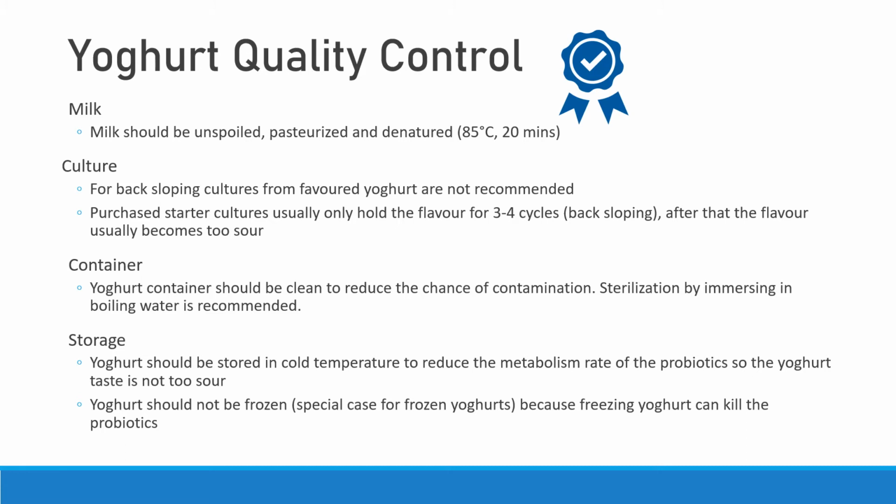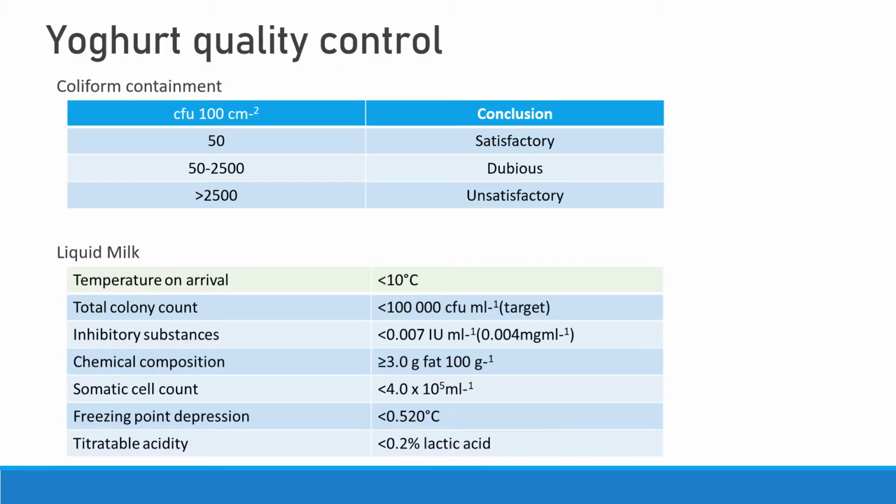Yogurt should be stored in cold temperature to reduce the metabolism rate of the probiotics, so the yogurt taste is not so sour. And the next one, the yogurt should not be frozen. It's a special case for the type of frozen yogurt, because freezing yogurt can kill the probiotics. So the good sides of the yogurt will be decreased.